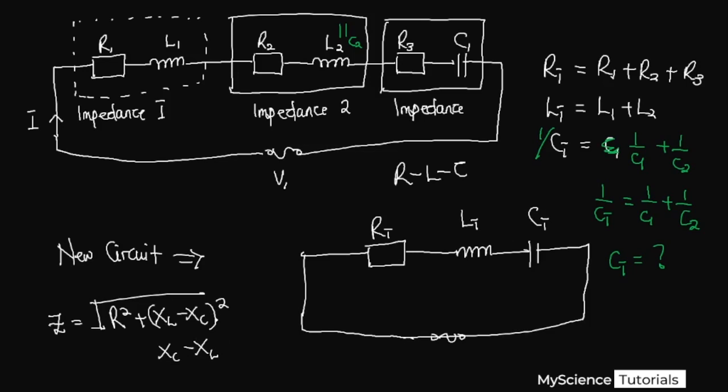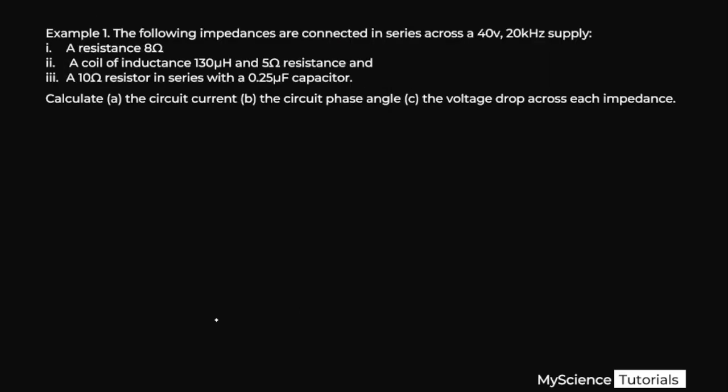Alright, so let's proceed and have a look at an example to understand and appreciate what we are talking about. We have the first example for this tutorial. The following impedances are connected in series across a 40 volts, 20k hertz supply.